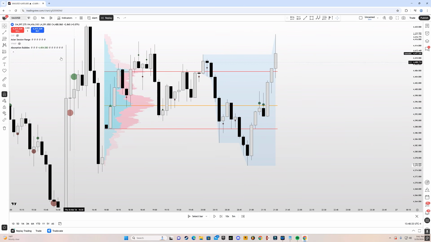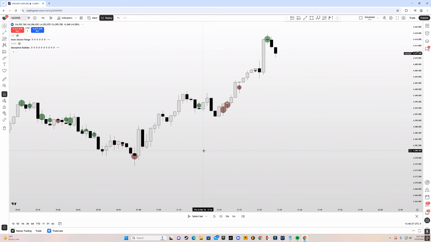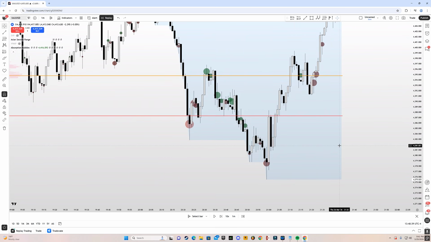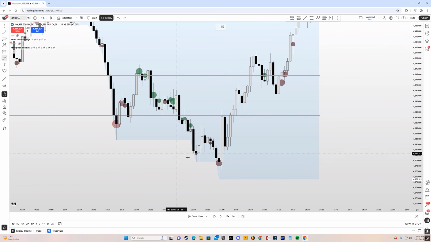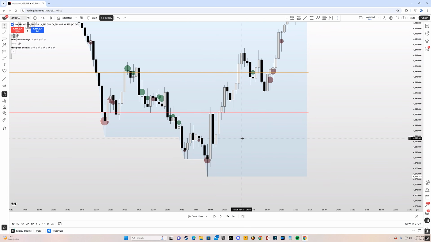So now, if you're looking for a failed auction setup, we should drop down to the 1 minute time frame and look for absorption of sellers. So what exactly is happening here? We have aggressive sellers coming in. We have a sweep of this low below the value area low. That is a key level. When we see these aggressive sells, there's no follow through.